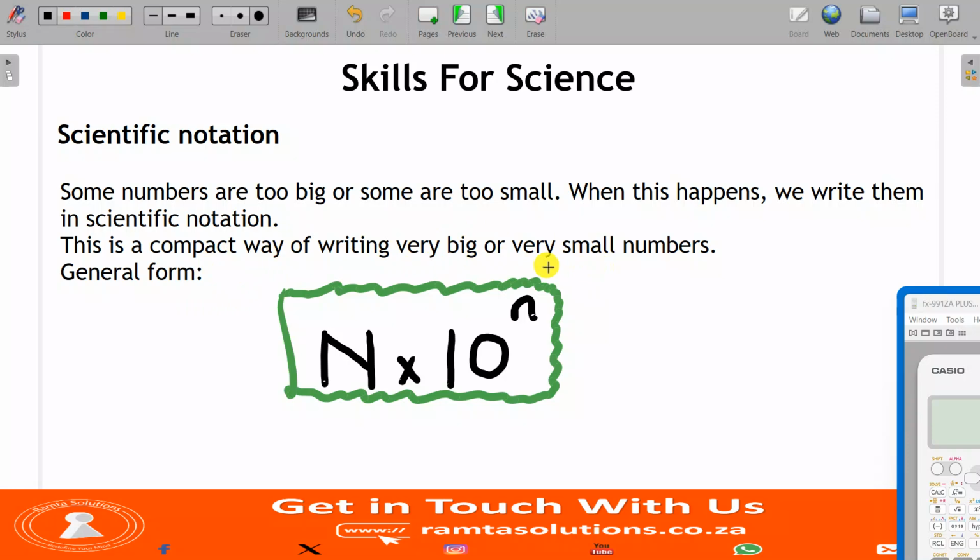The general form of scientific notation is capital N times 10 to the power n.